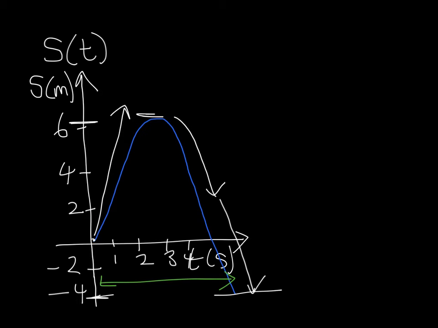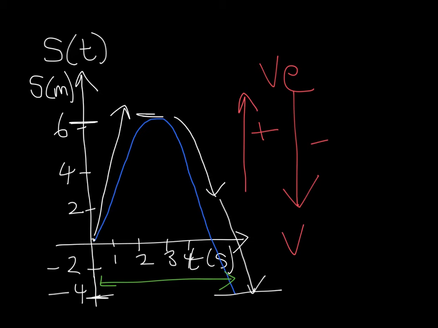So in terms of velocity, while the ball is moving upwards, it has a positive velocity, and while the ball is moving downwards, it has a negative velocity. Now we know that velocity equals change in displacement over time.